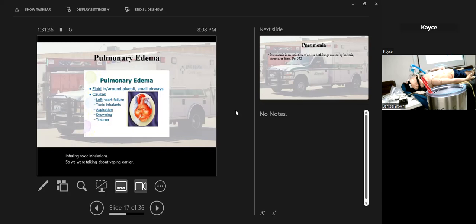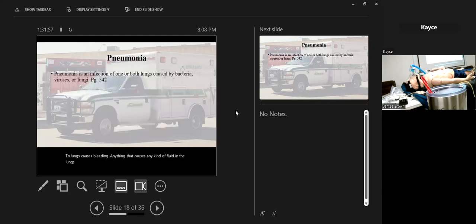Aspiration pneumonia, anytime you inhale something into the lungs. Drowning, and then trauma can also cause trauma to the heart or the lungs, causing bleeding. Anything that causes any kind of fluid in the lungs could cause pulmonary edema.